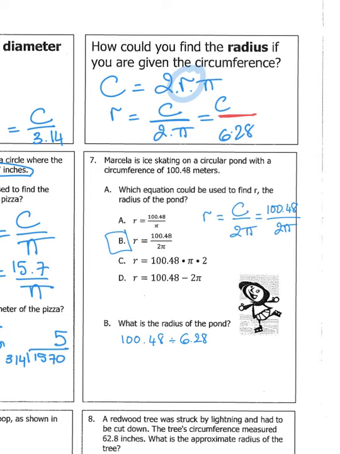That's why we got 6.28. And then we can line it up and divide it. Remember, move 2 decimals. We're not going to move 2 decimals. Okay, and let's see what we got after we divide. 16 meters.